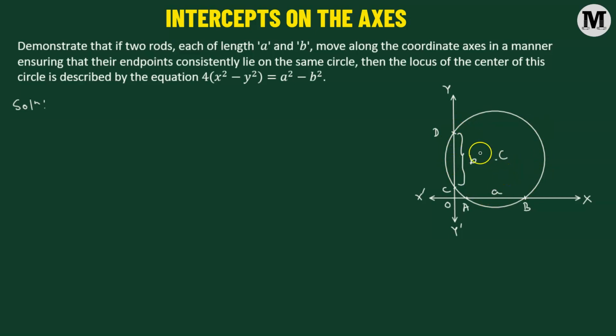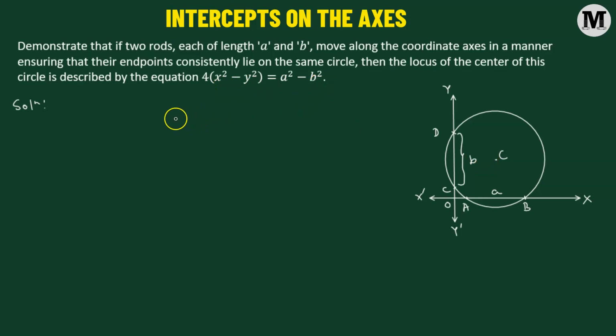Now the question is, if the two rods move along the coordinate axes, for example, rod A could move either to the left or to the right, and similarly rod B could move upwards or downwards. In whichever direction it moves, the endpoints must always lie on the circle, and our goal will be to show that the locus of the center of the circle is given by this particular equation.